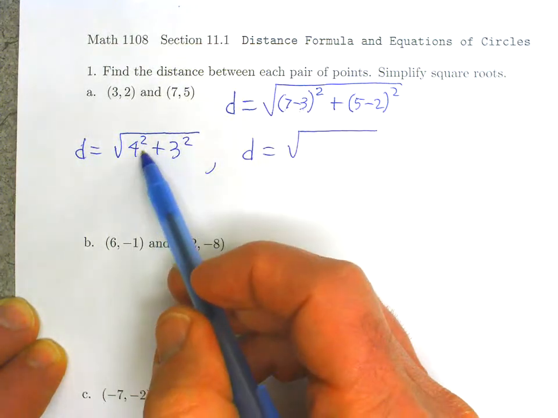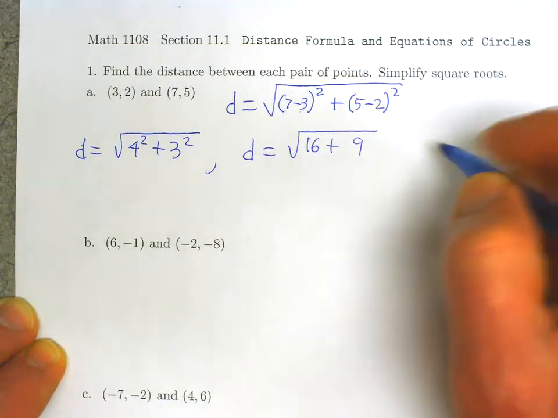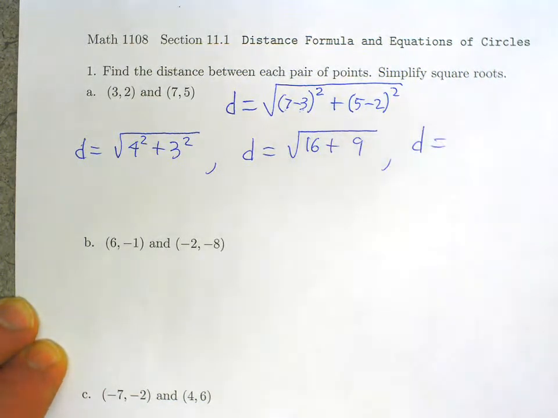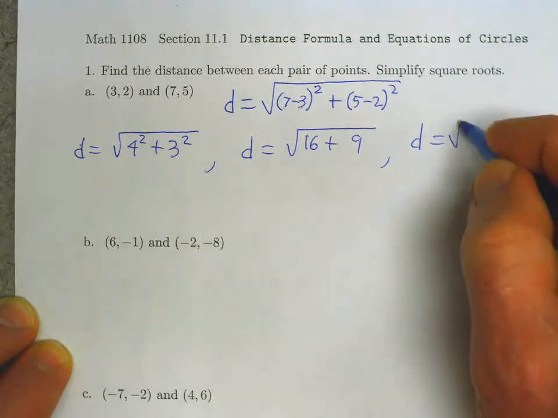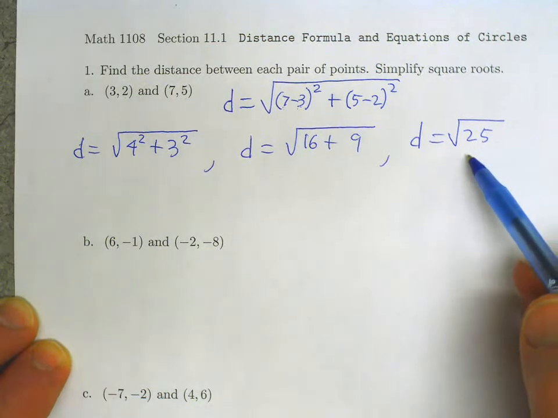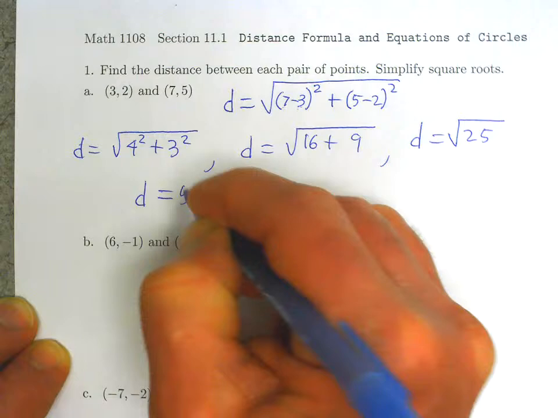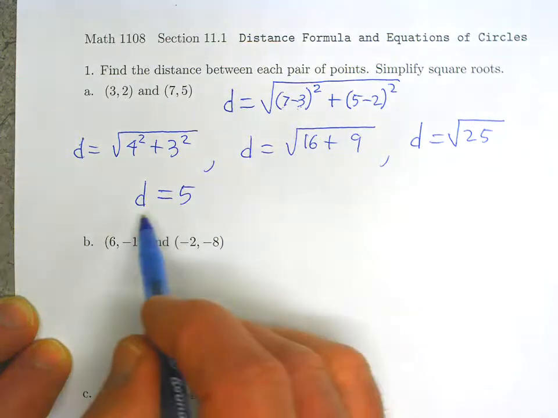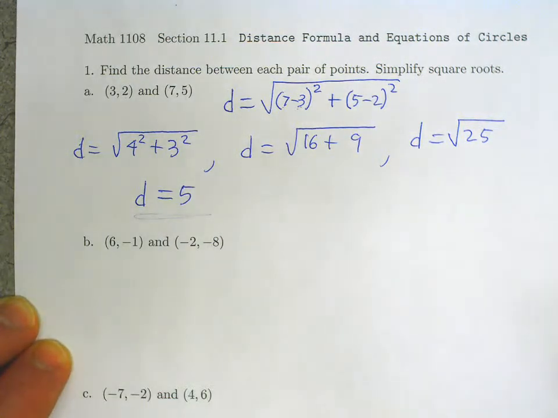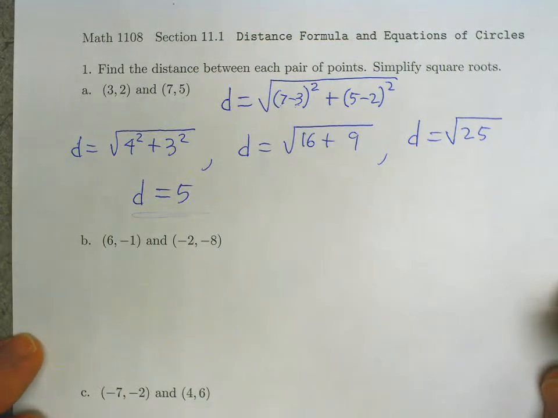And then 4 squared is 16. 3 squared is 9. And so d is the positive square root of 25. But the positive square root of 25 is just 5. So the distance between those 2 points is 5 units, whatever those units happen to be. Okay, so that's all there is to it.